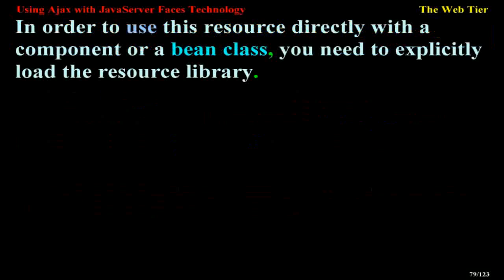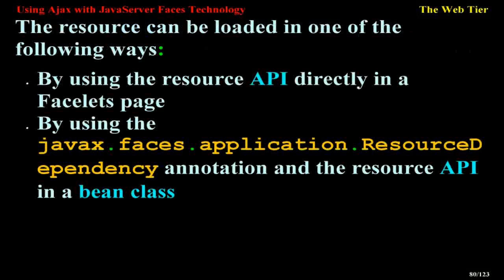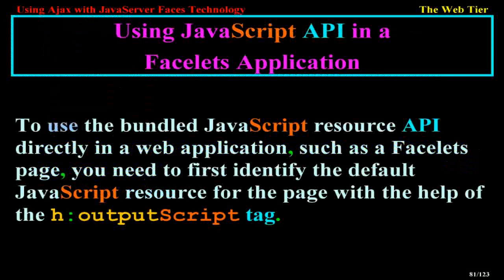In order to use this resource directly with the component or a bean class, you need to explicitly load the resource library. The resource can be loaded in one of the following ways: by using the resource API directly in a Facelets page, by using the javax.faces.application.ResourceDependency annotation in the bean class, or by using the JavaScript API in a Facelets application.